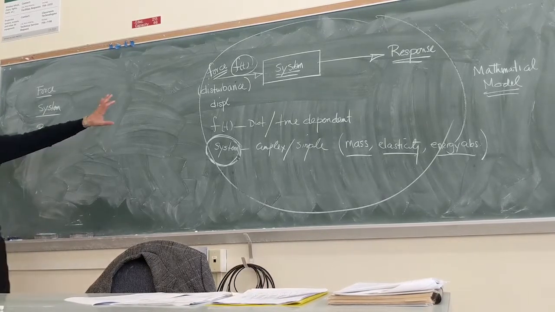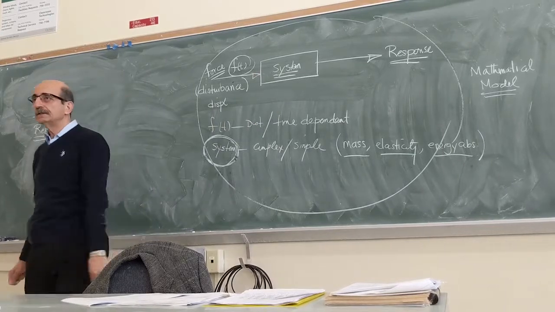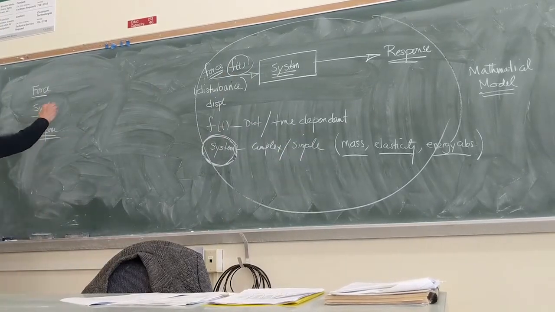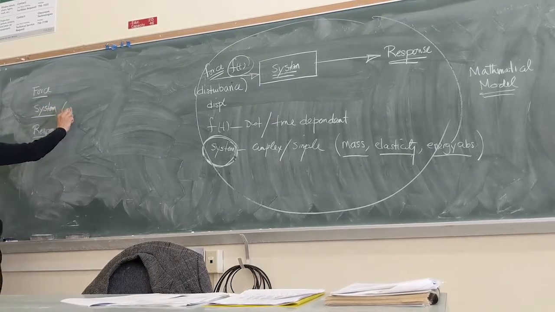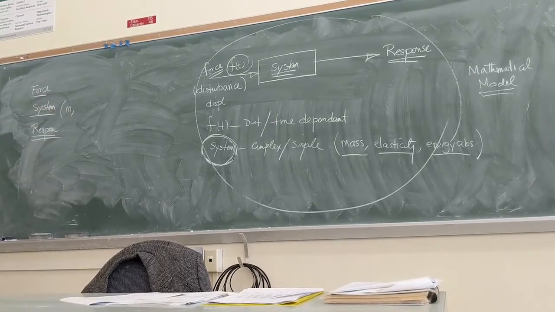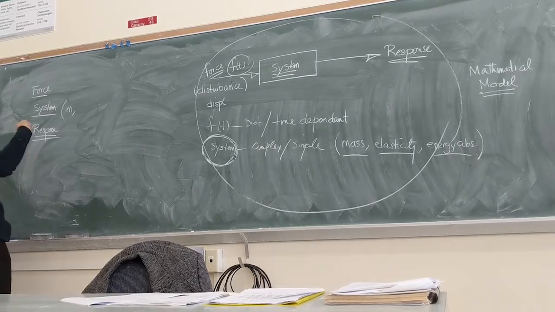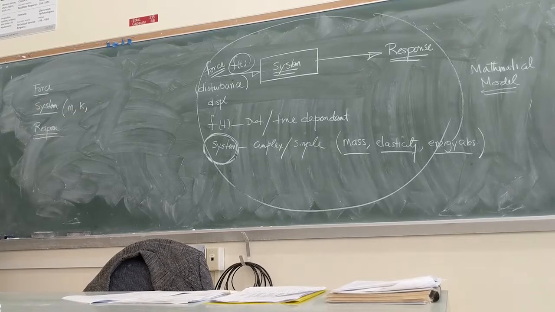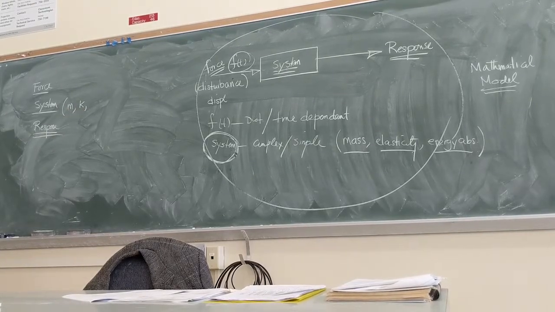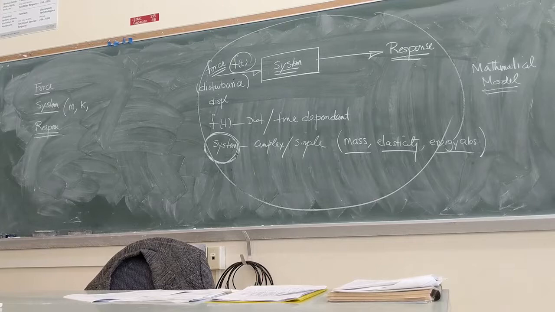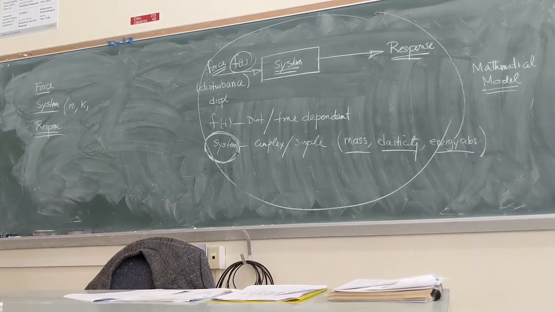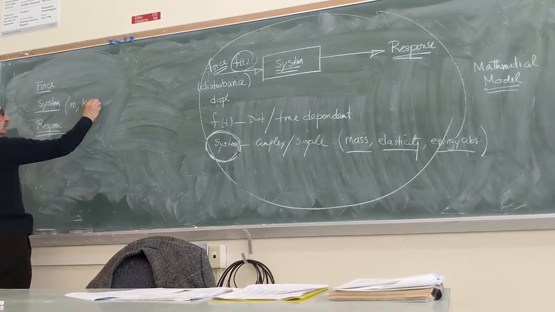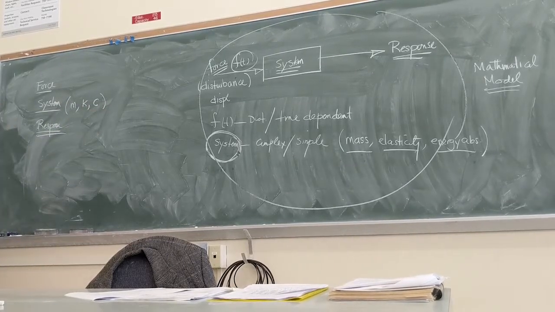How do we come up with a mathematical model that describes what we're going to do? We said that the system consists of a mass, which we call M, consists of an ability to resist deformation, which we call elasticity, and it also consists of an inherent characteristic that absorbs or dissipates energy. Let's call that C, okay?